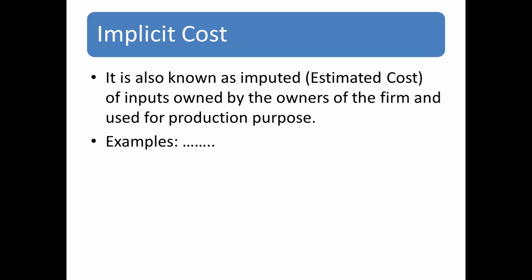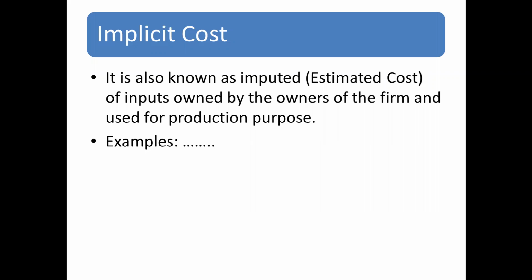If he is using his own capital, estimated interest on capital. If he is working as an employee of the business, that means as a manager or as a supervisor or as a director, so the estimated salary of the person for which he is working as a manager or supervisor or director.